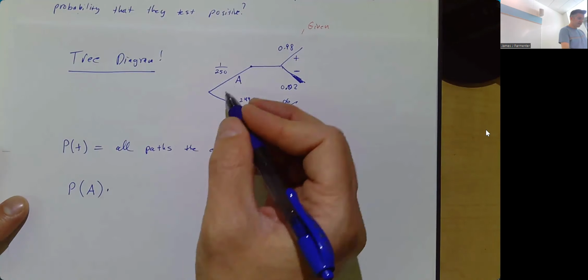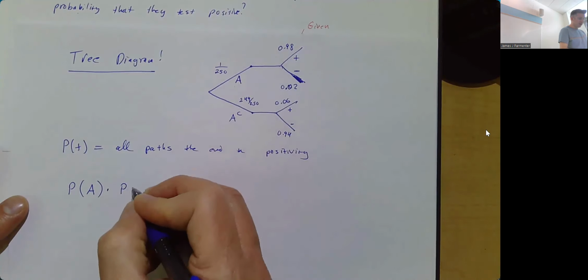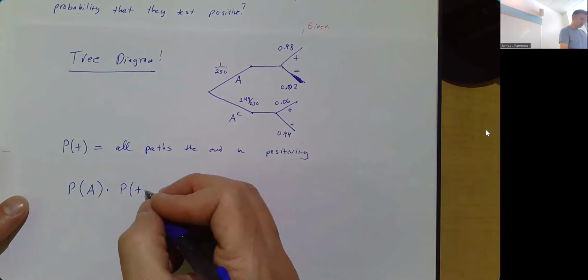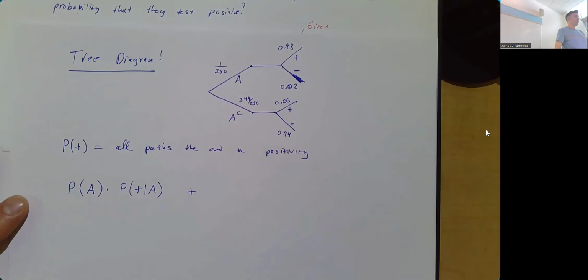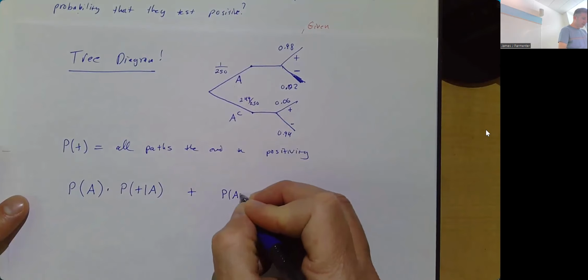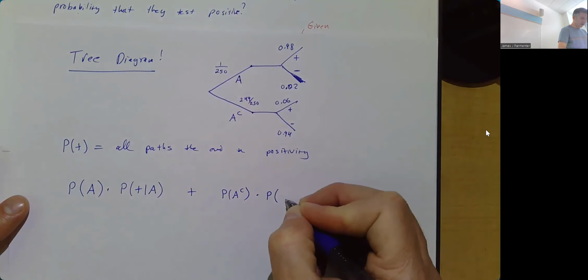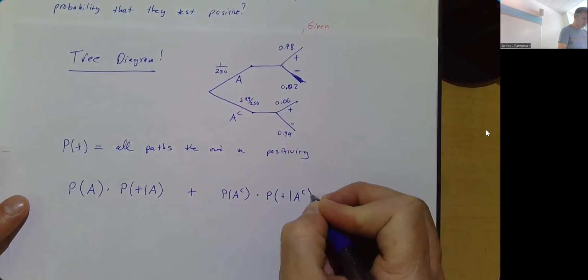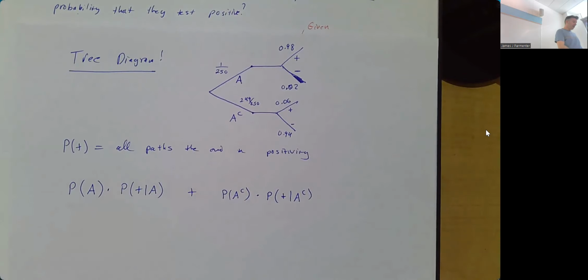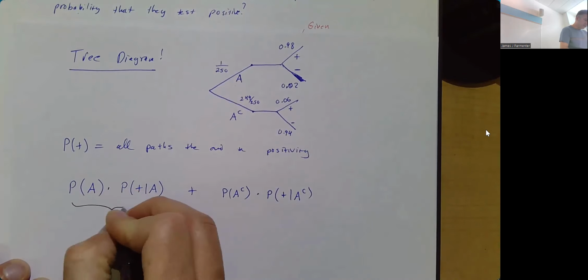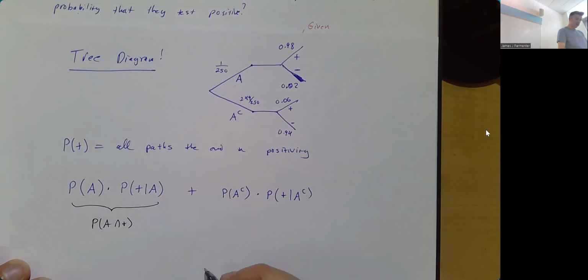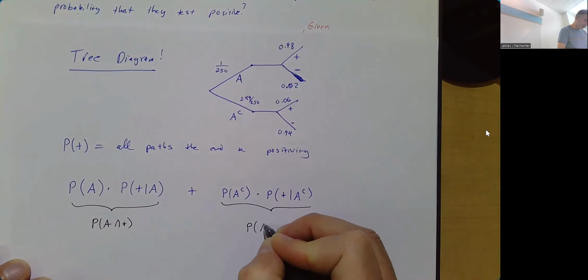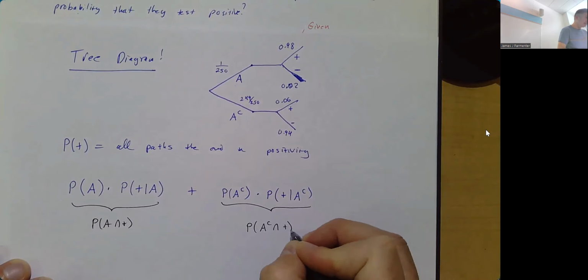It's the probability of A times the probability of a positive test given that we have the disease, or the probability of not having the disease times the probability of a positive test given that we didn't have the disease. I should point out that this is just the probability of having the disease and testing positive, and this is just the probability of not having the disease and testing positive.